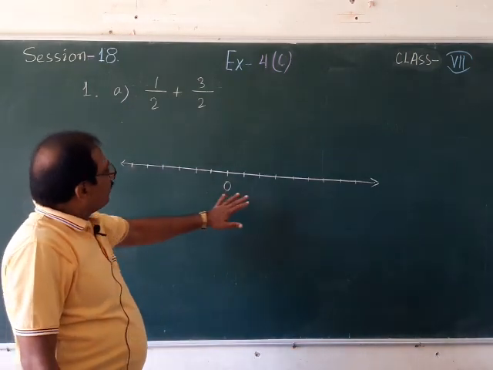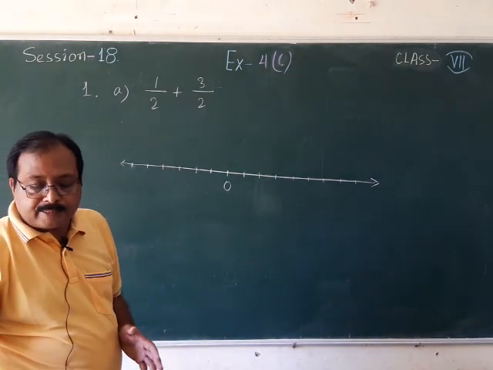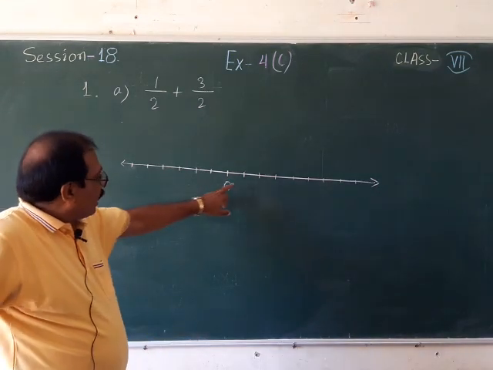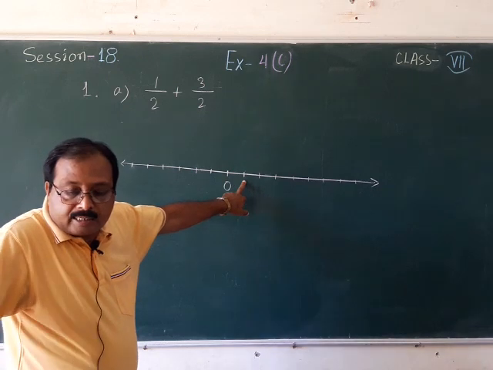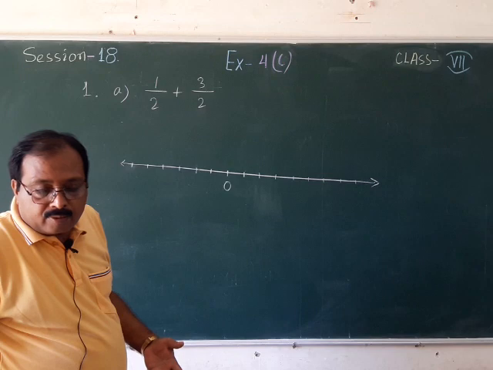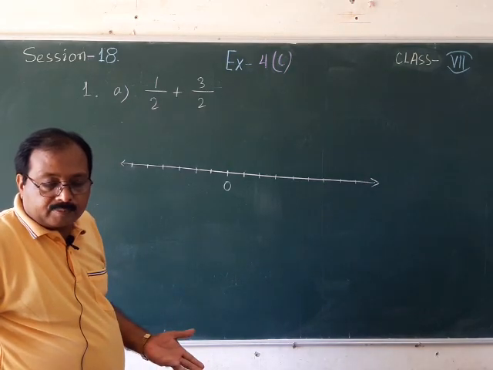Suppose for 1 centimeter marking I have done, you can mark it for half centimeter also. So after 0, I can write here 1 by 5, then 2 by 5, 3 by 5, 4 by 5, 5 by 5. So ultimately you can write the numbers.